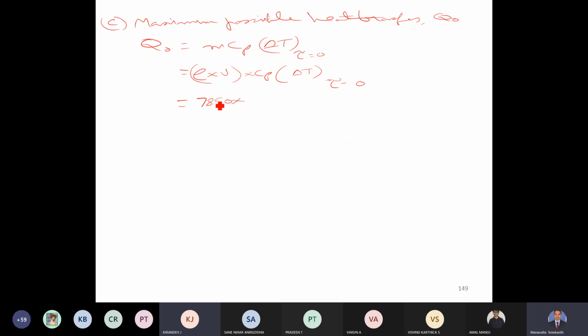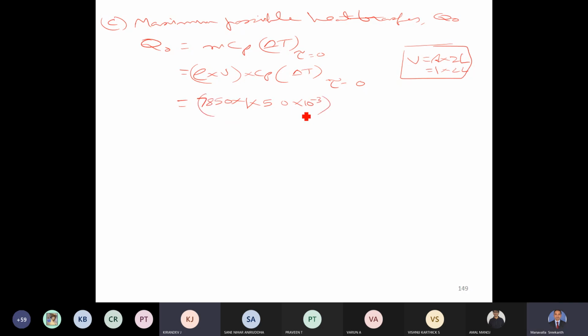Now, what is the volume? Volume is area into thickness. So let us say area, I'll write it here. Volume is area multiplied by 2L. Area we'll take unit area multiplied by 1 divided by 50 10 power minus 3. 3 millimeters is the thickness.